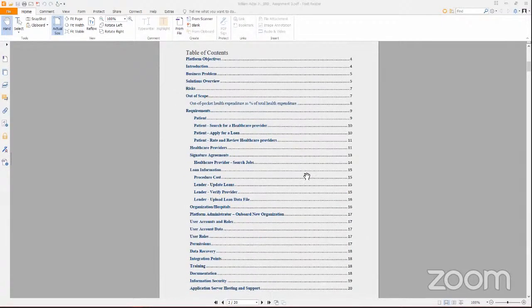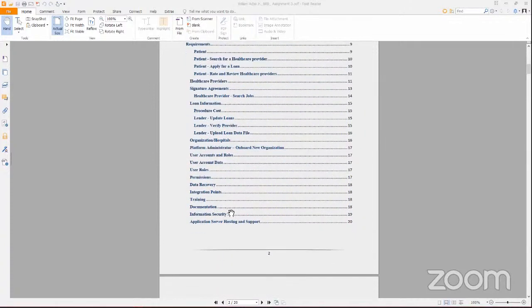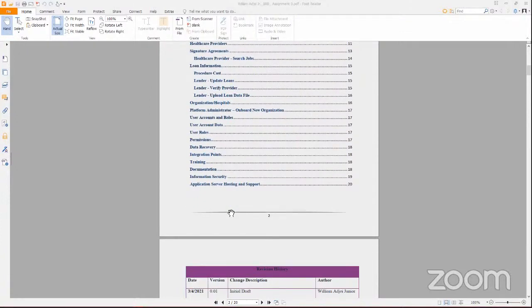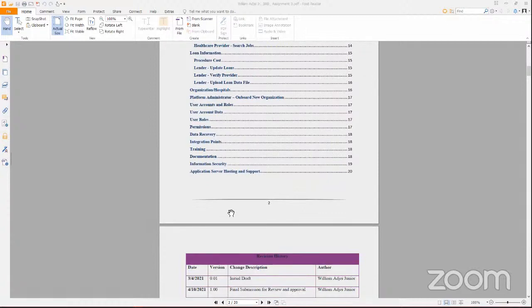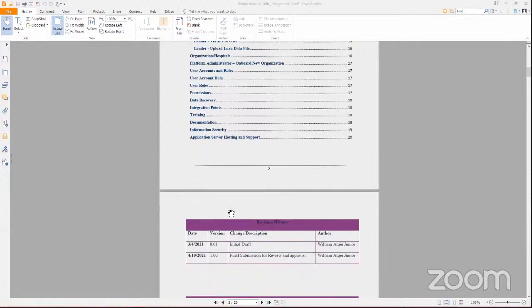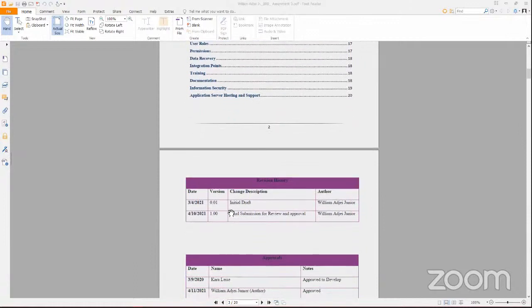Here we have our list of items we'll be talking about: our platform objectives, the introduction, the business problem, solutions overview, the risk, the out of scope, the requirements for patients, healthcare providers, signature agreements, loan information, the hospitals, the platform administrator, the user account and rules. We also have the permissions, data recovery, integration points, training, information security, and the application server hosting and support.